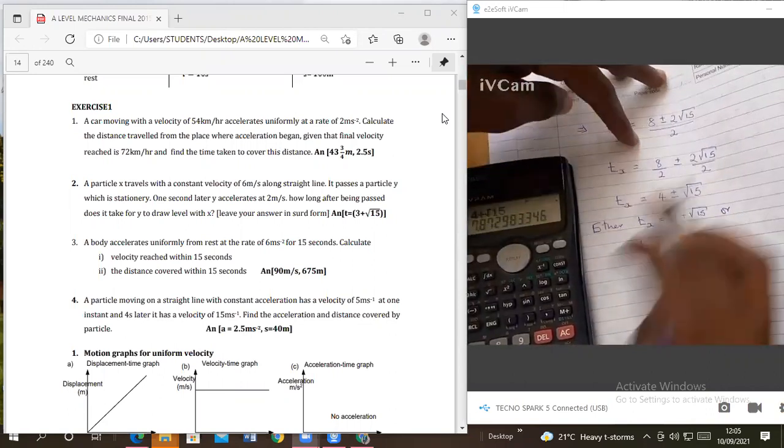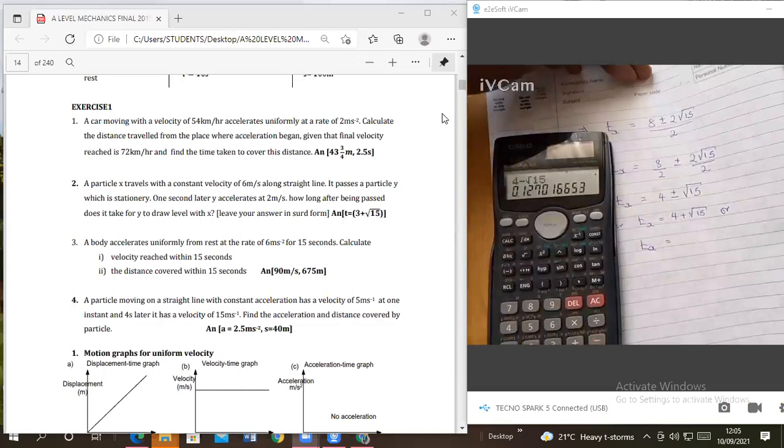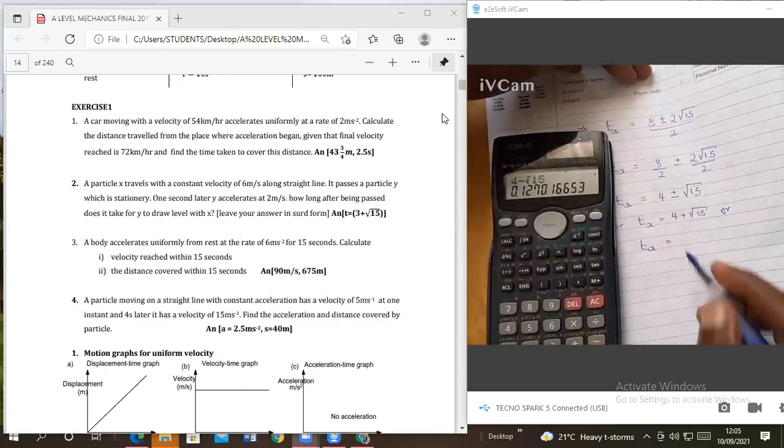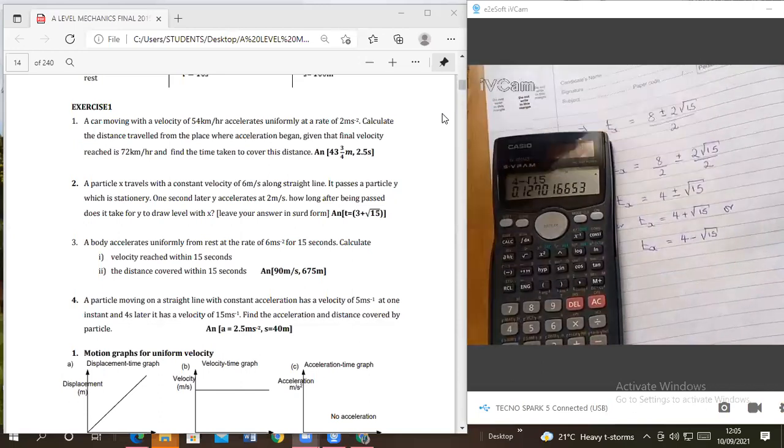Or Tx is equal to, what about when it's negative? So we shall have 4 minus root of 15. We get 0 point something. Remember, for y to catch up, the time for y must be less than the time of x by 1.